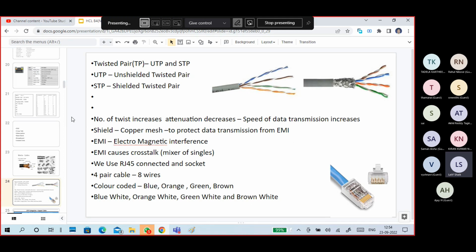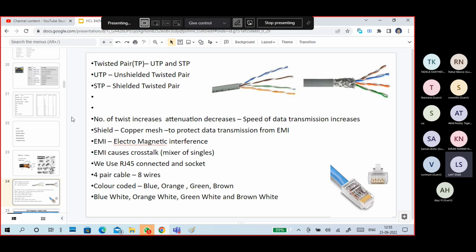So that's why they call it white blue, white green, white orange, white brown. I've written it reversed, so you can write it in another manner also. Actually the white wire has a color line on it.